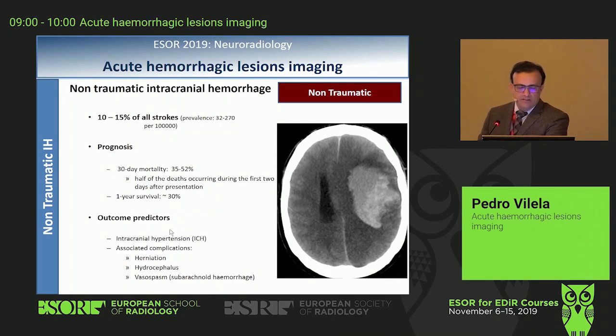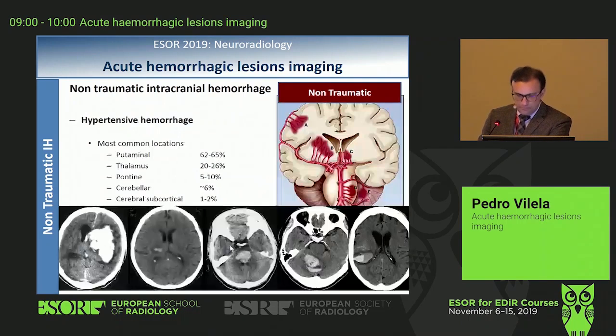Again, just to remind you of the outcome predictors, some of them are related to imaging, and we should report them in our reports. Those predictors are intracranial hypertension and brain herniation, hydrocephalus, and in the case of subarachnoid hemorrhage, the presence of arterial vasospasm.